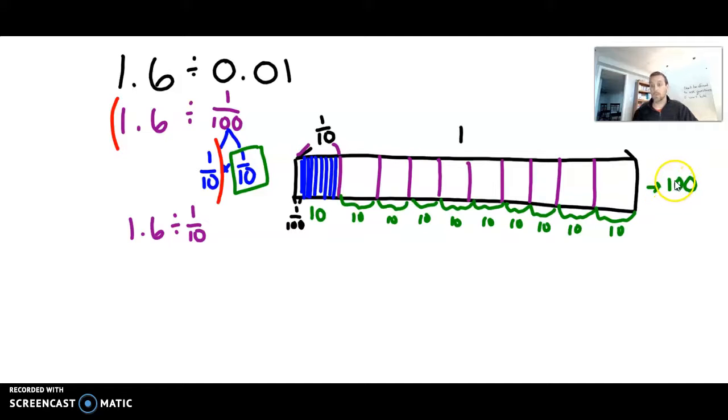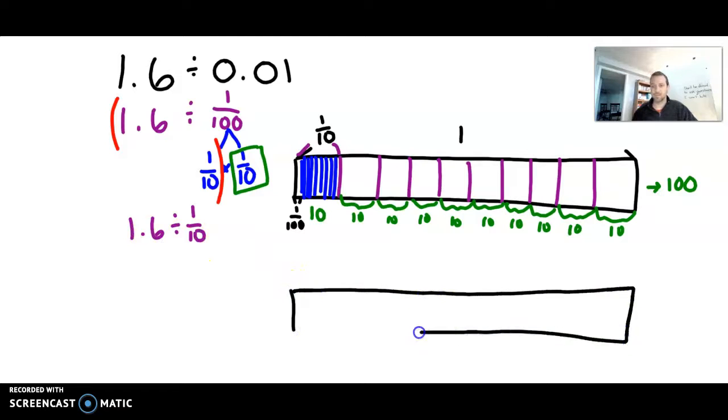Or 100 little lines or spaces in there. Now, the question being, it's not 1 divided by 1/100th. It's really 1 6/10. So again, I would have to draw our second model.